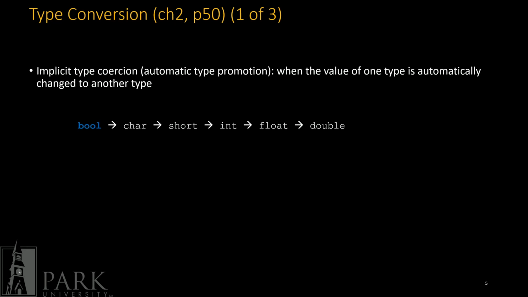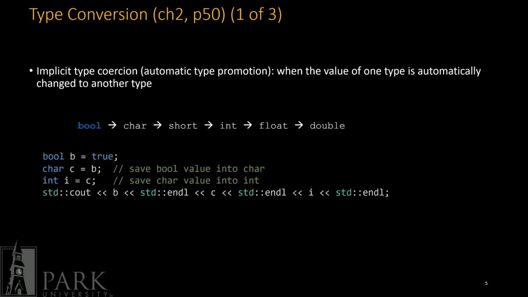Remember that the bool is the narrowest data type, and the double is the widest data type, okay? And you can only go in that direction, okay? You can't implicitly convert a double to a float and a float to an int because you will lose precision. Okay, you can go up, but you can't go down.